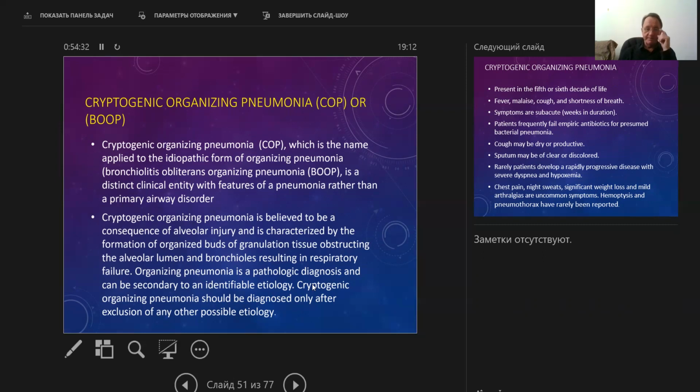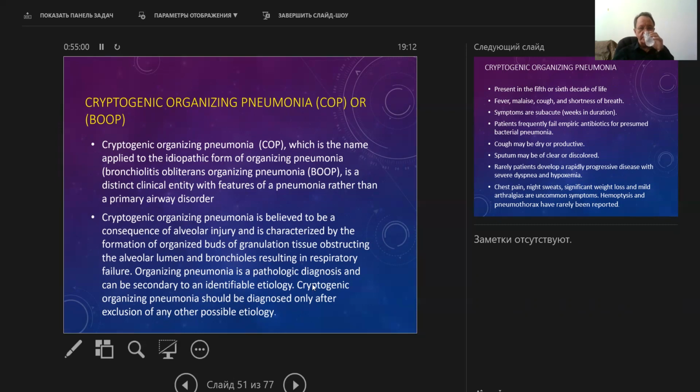Cryptogenic organizing pneumonia is the name applied to the idiopathic forms of organizing pneumonia. Bronchiolitis obliterans organizing pneumonia is a distinct clinical entity with features of a pneumonia rather than a primary airway disorder.